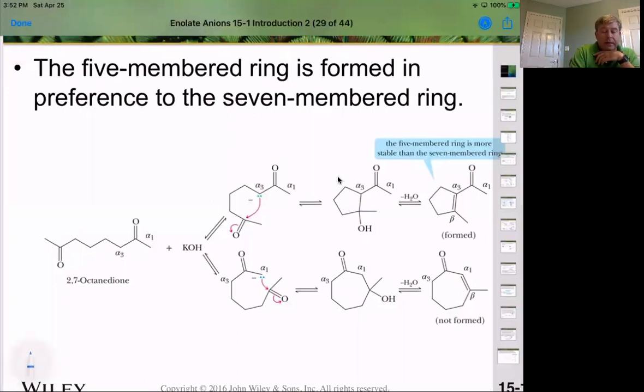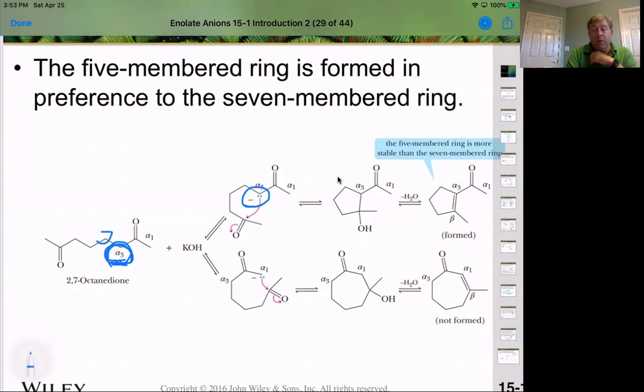Okay, so let's look at how that might happen. In this case, if we take our part right here and we take the most acidic hydrogens, those are the ones that are more substituted here, and we make our enolate from this position, we would get this anion form here, and our intermediate would form a 5-membered ring.